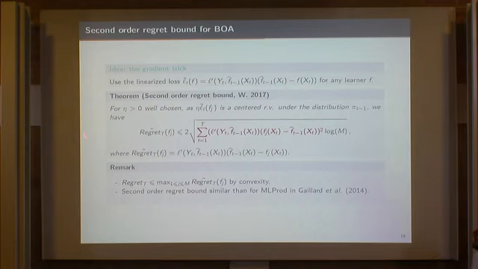But what is clear, and that's why the gradient trick is used, is that this linearized regret is always controlling the usual regret. These kinds of bounds are called second order regret bounds, and they have been proved for ML-Prod, which is another algorithm, by Pierre Gaillard, Gilles Stoltz and Tim van Erven.